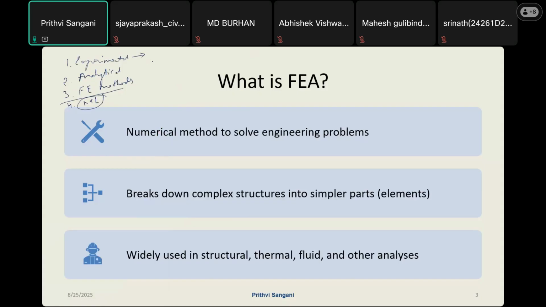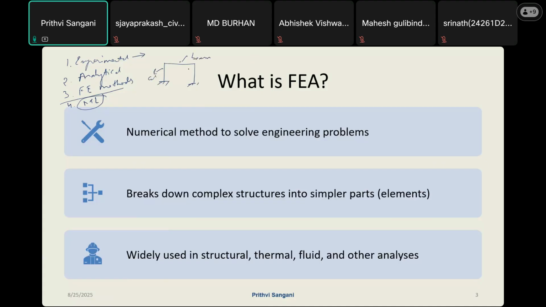Let us take an example of a building. Say we have a 1 BHK building, and you want to design it for certain loads. I'm just taking a frame structure, a single bay structure, and you want to design this column and this beam.